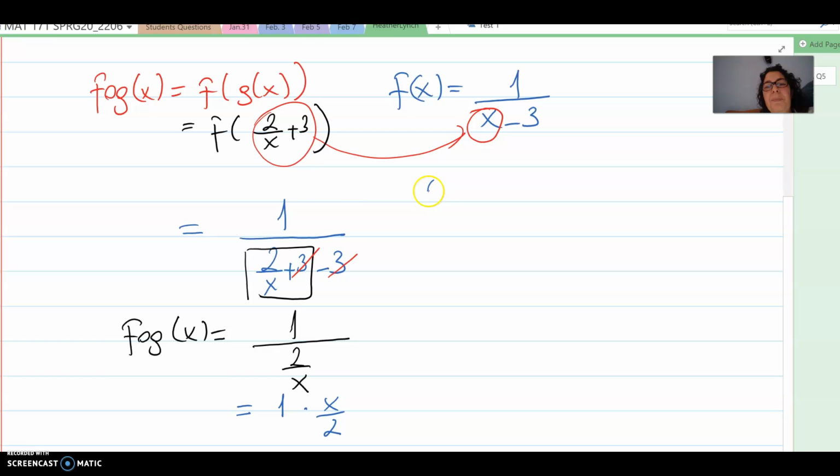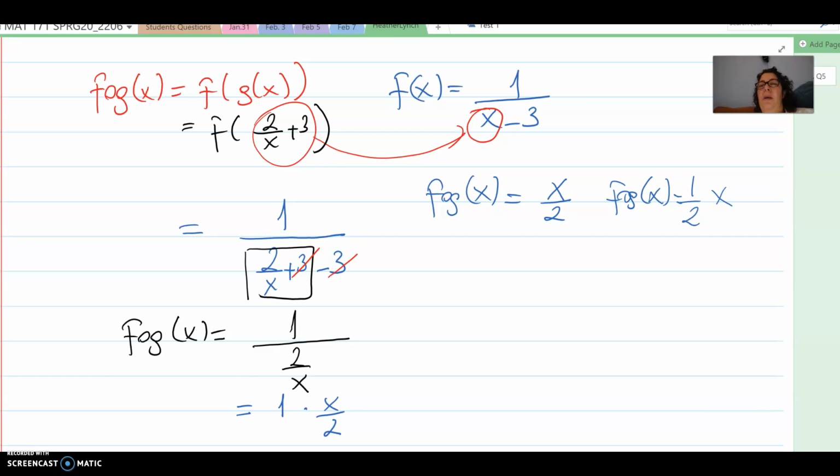Then f of g of x, we end up with x over 2, or you can write 1 over 2 times x. So if we try to find the domain of this function just by looking at the resultant function, we can say that it's negative infinity to positive infinity, because it's not a rational function. It's a linear function with a slope of 1 over 2. There's no variable in the denominator.